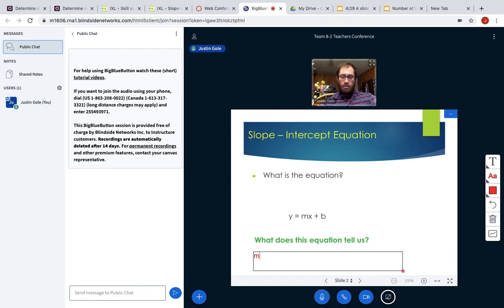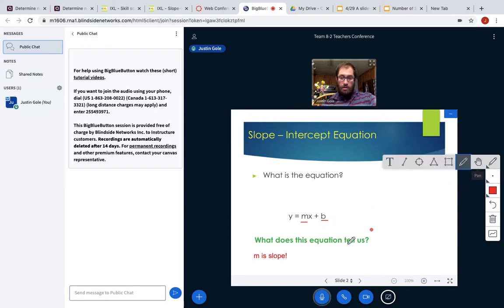But just real briefly, m is slope. So the number in front of x, whatever number is in front of x, is slope. B is the y-intercept.